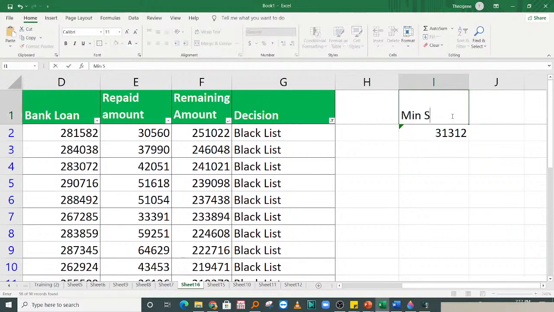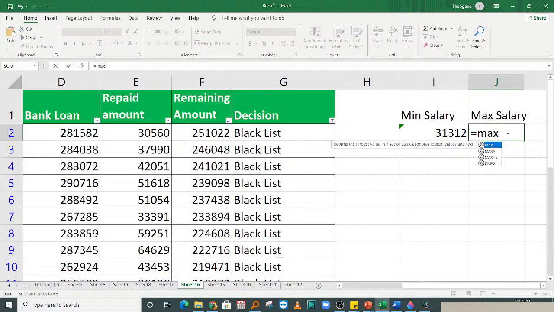Minimum salary. You see? You want to know the maximum salary? Which function do I have to call? I call the function max. Okay? Equal max. Maximum salary.